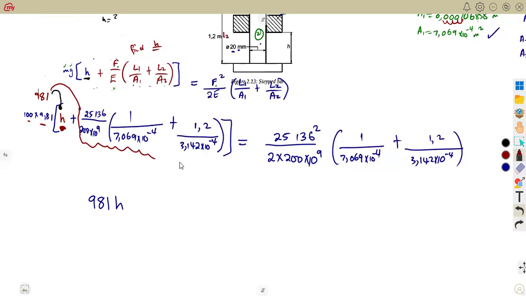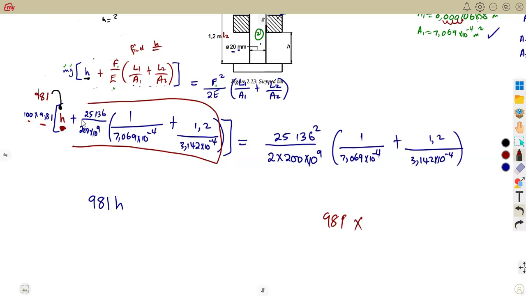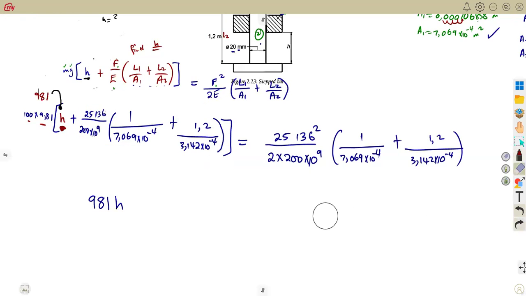But knowing that there's a bracket there, you multiply it as it is, with the brackets, to 981. In that case, you are going to get something like 0,64529, something like that.